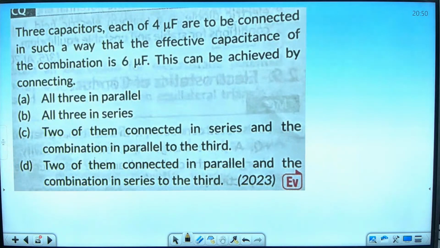Next question, a 5-mark question in the board examination. Sorry, it's an MCQ, a 1-mark question. The next one is a 5-mark question. It's a 1-mark MCQ. Give a try, fast.